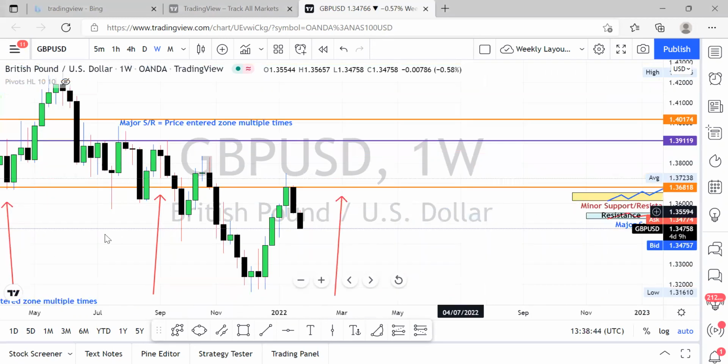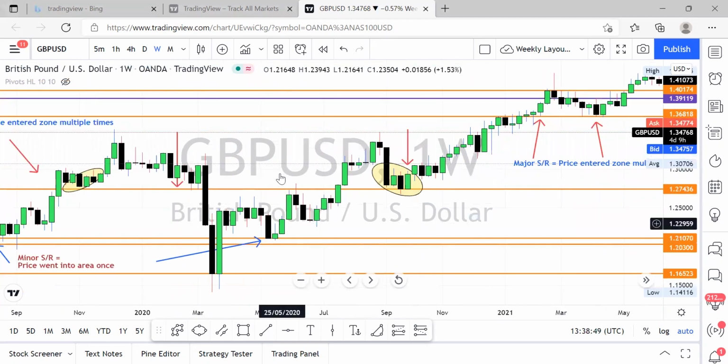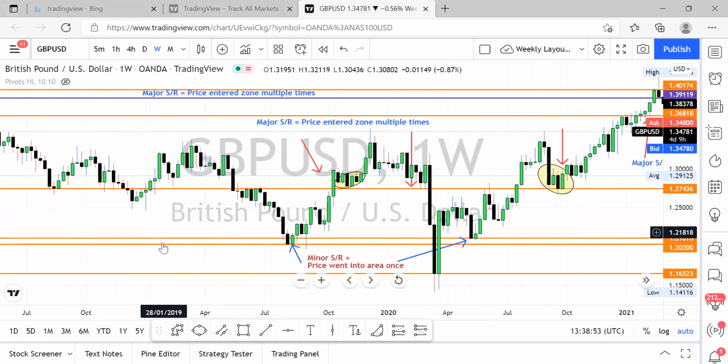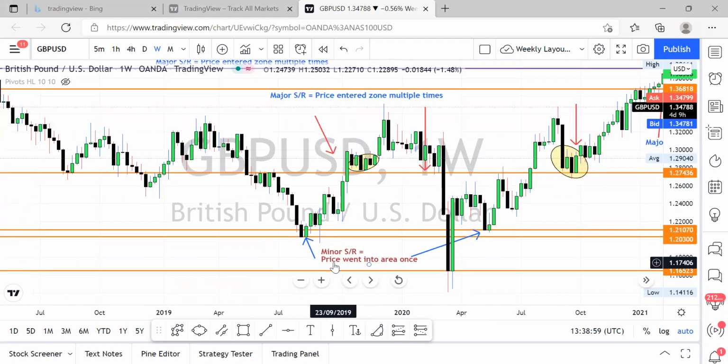So let's look at some examples of this. As you can see here, in this particular zone, we've got a minor support and resistance. What that really means is price entered this zone, went back out.